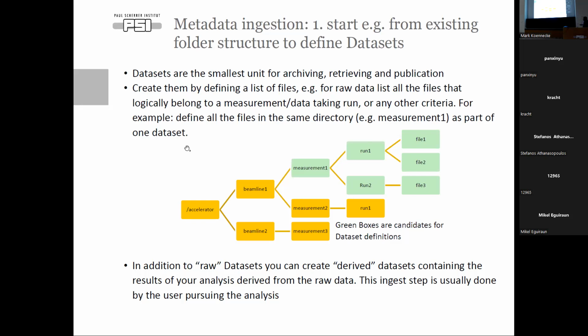And this data set is basically the smallest thing you can inject into the database. It contains a folder structure in the end, which has some files inside, as you see here. And you don't have to define this folder structure ad hoc just to work with SciCat, but you can reuse the structure that you had when you were collecting the data.